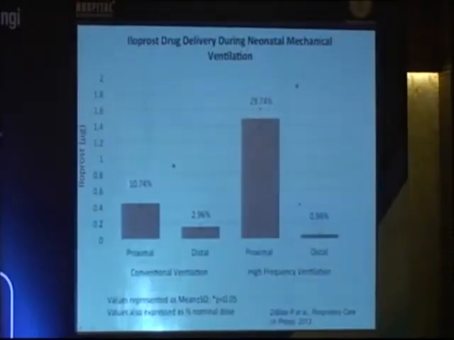But with neonates and small pediatrics, place that nebulizer proximal to the endotracheal tube, and you'll get a 5-fold greater drug delivery.